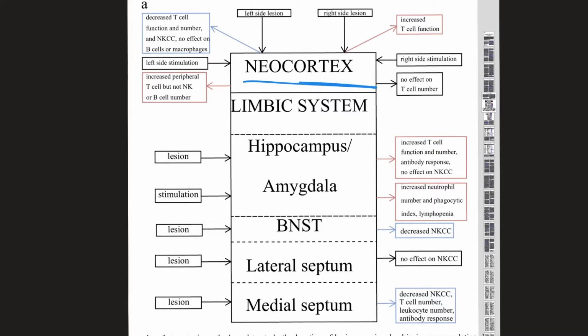But I want to look at this from the perspective of, like we talked about yesterday, what happens if someone has a right neck and shoulder issue that persists for years. Remember, the right side of your neck and shoulder is the left side of your cortex.